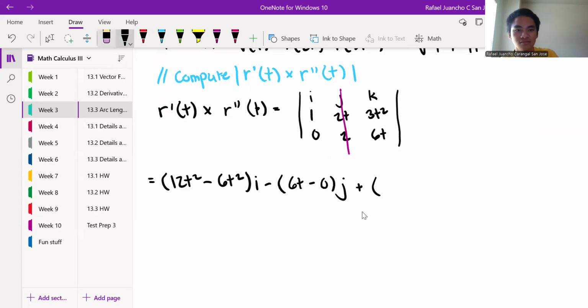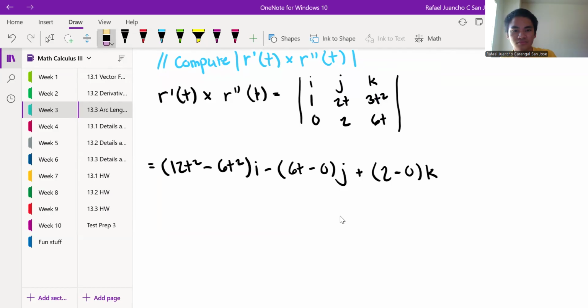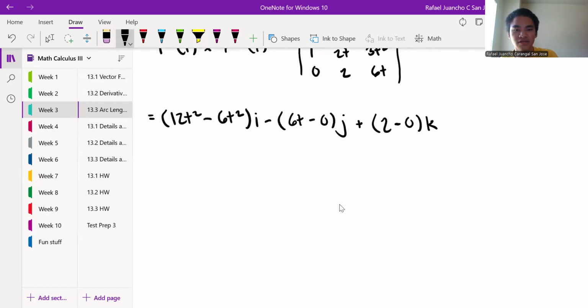I add that again. Okay, that was fast. Then for k, I take out my k. I get 2 minus 0, and that's my k. And from here, I get 6t squared i minus 6t j plus 2k. And in vector form, 6t squared, negative 6t, 2.